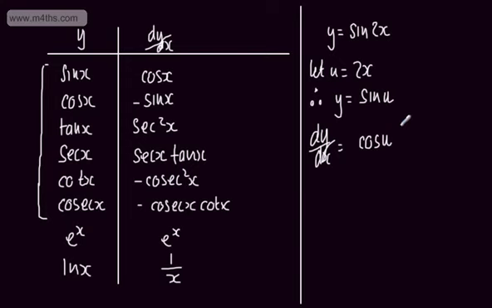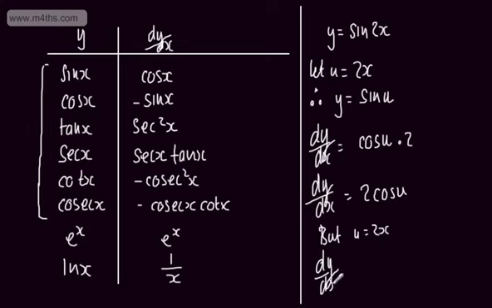Now, if u is equal to 2x, then the derivative is simply 2. So dy by dx is equal to 2 cos u. But u is equal to 2x, so we end up with dy by dx equal to 2 cos 2x.